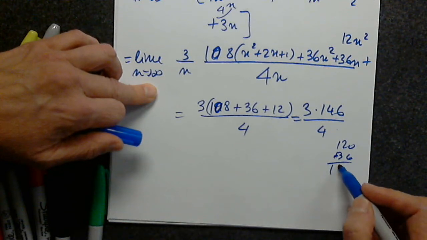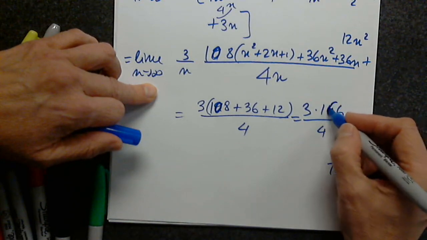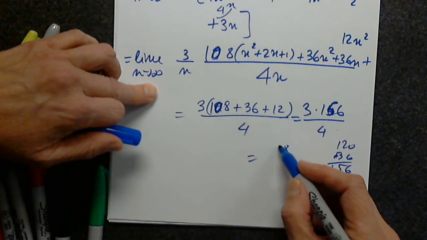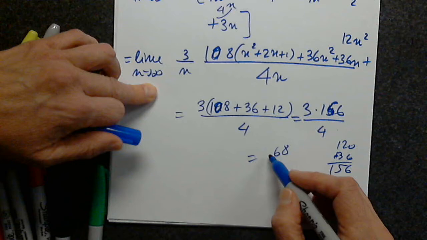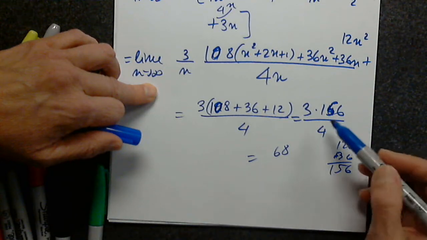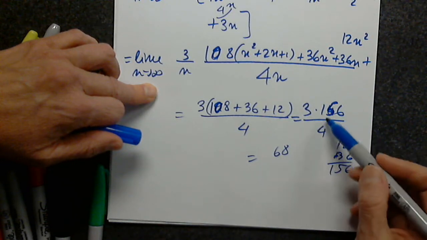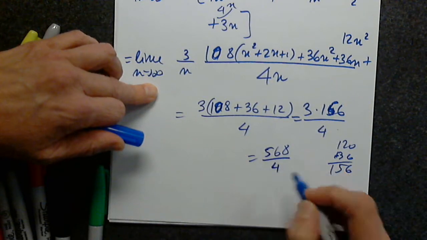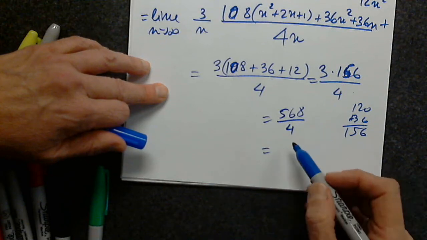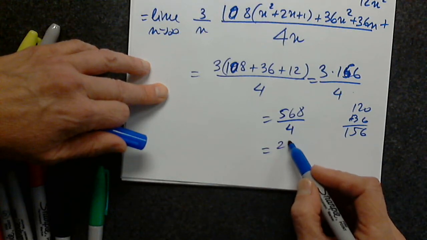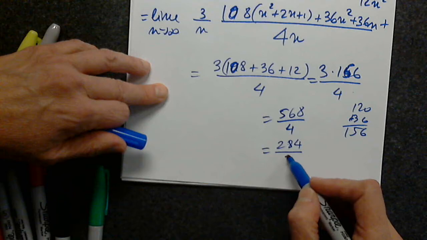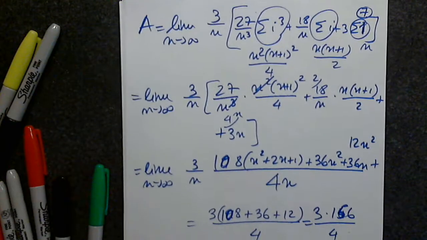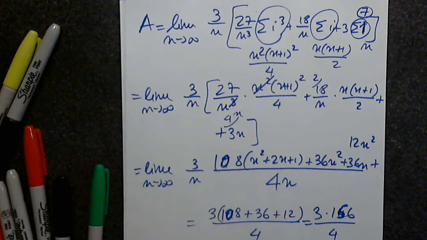So it's 156. Right? Am I correct? Okay, I will simplify by 2, and I get 284 over 2. Yeah, something, I went too fast somewhere. Let me double check my work now.